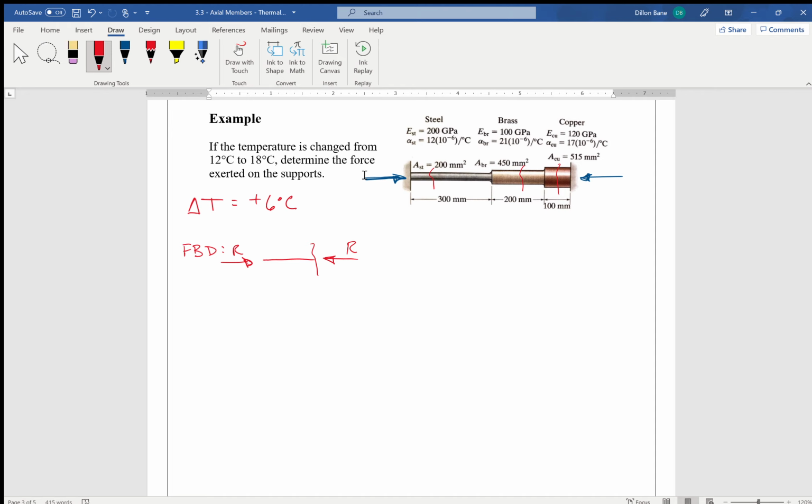Our first legitimate step then is to calculate thermal deflections, because what we're going to do in our minds is remove one of the supports and allow this assembly to expand unrestrained, and we need to calculate that expansion.